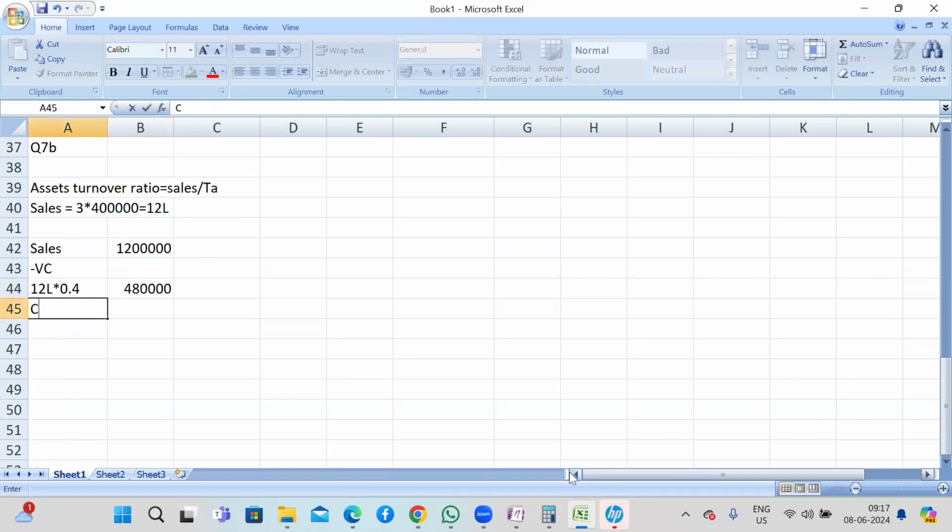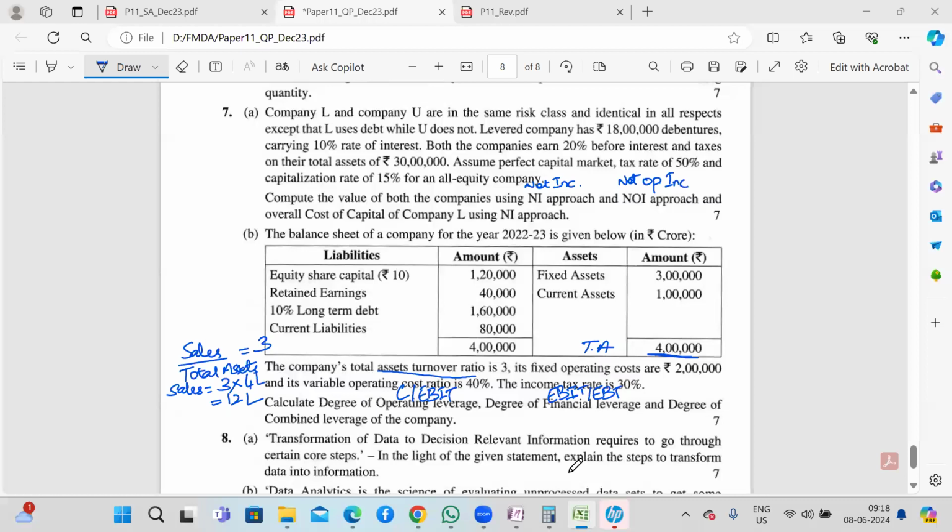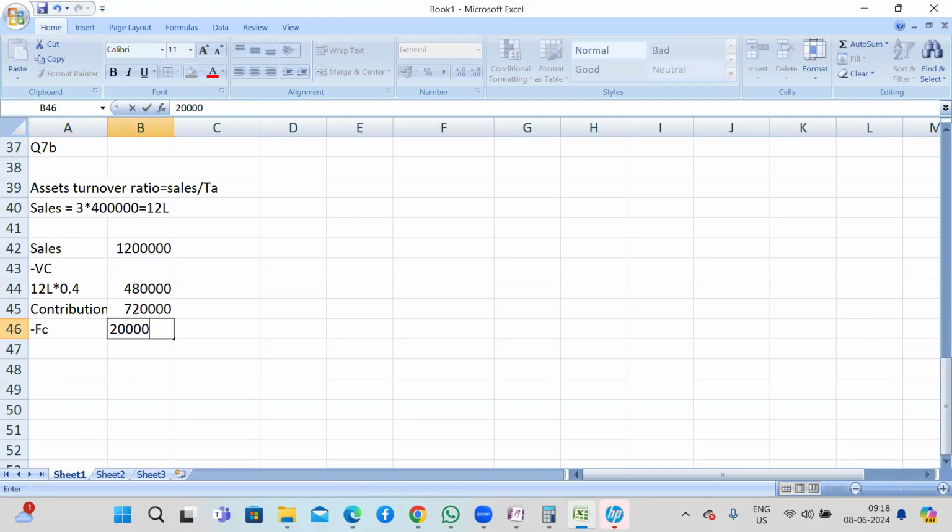So 4,80,000. So contribution will be 12 lakhs minus 4,80,000, that is 7,20,000. So less fixed cost. They have given fixed operating cost is 2 lakhs. So this is EBIT. That means 7,20,000 minus 2 lakhs.